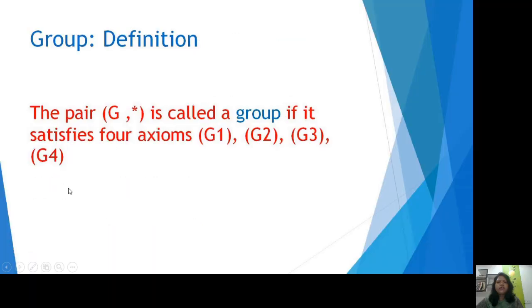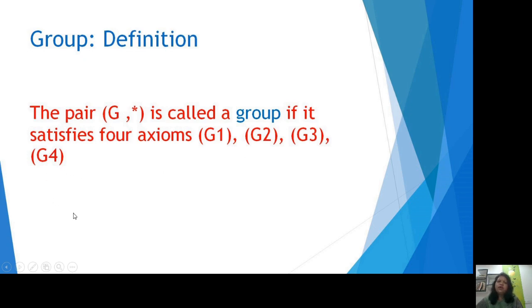Now let us see the important definition of group. So what is the definition of group? The pair (G, star) is called a group if it satisfies four axioms G1, G2, G3 and G4.